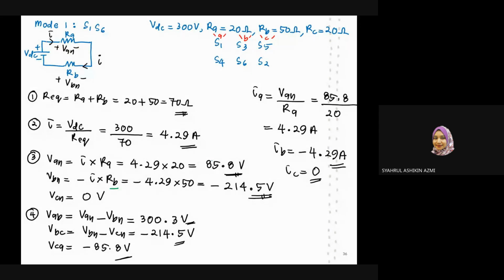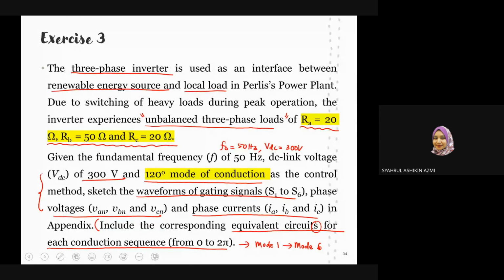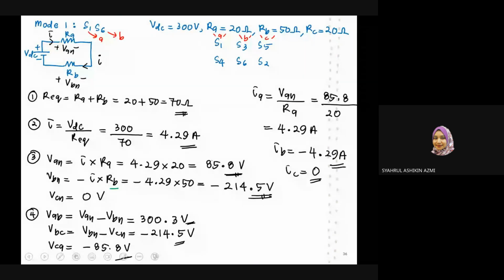You can see RA is connected to the positive terminal of your DC line voltage because S1 is the upper switch in phase A. RB is connected to the negative terminal of the DC line voltage because S6 is the bottom switch for phase B. So the equivalent resistor equals RA plus RB. RA is 20 ohm, RB is 50 ohm, so RA plus RB gives 70 ohm.